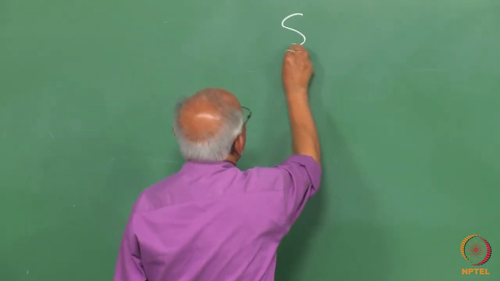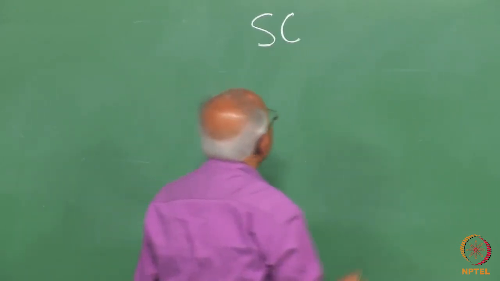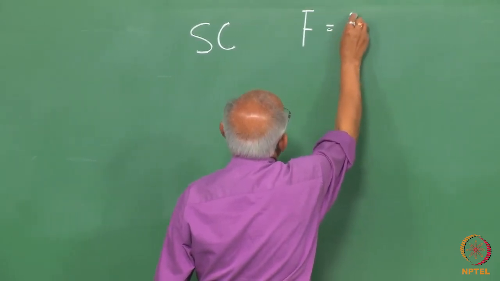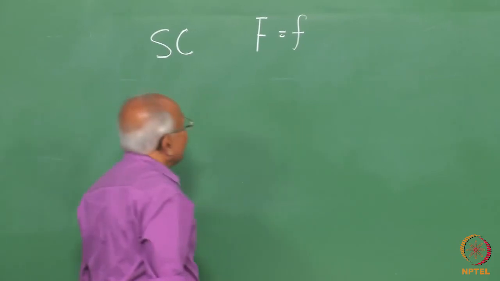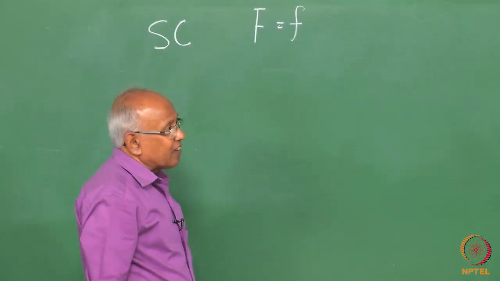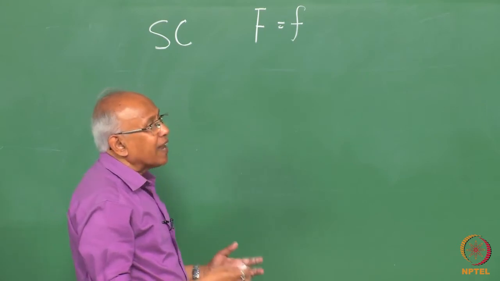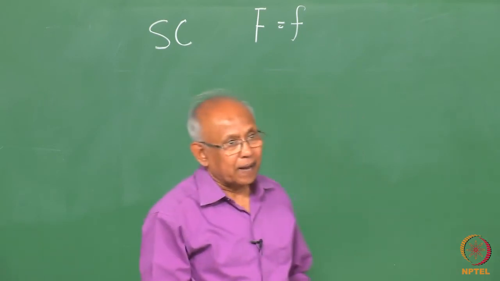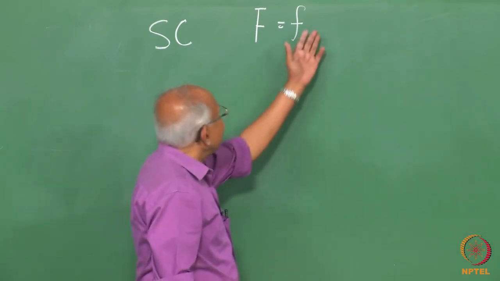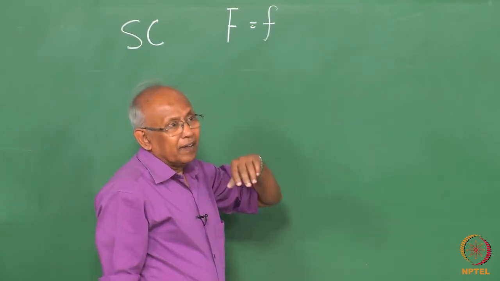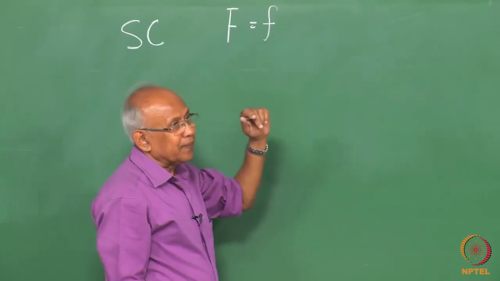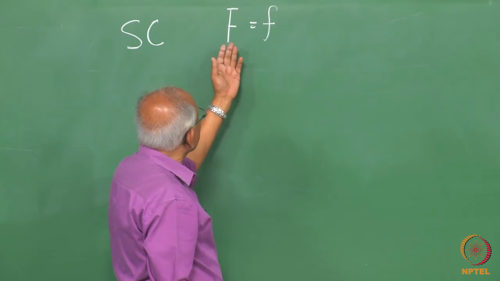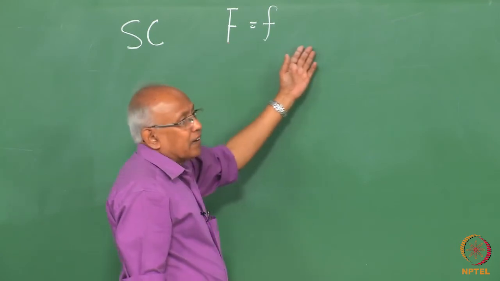So, in the simple cubic system, we find that capital F, the crystal structure factor, is simply equal to the atomic scattering factor, assuming that in the unit cell all atoms are of the same kind. Now, what does it say? Here we do not have any expression containing h, k or l. That means, in a simple cubic system the crystal structure factor is independent of hkl.